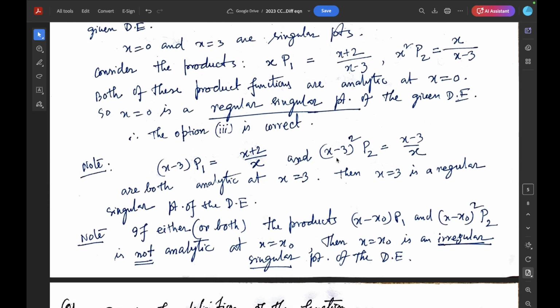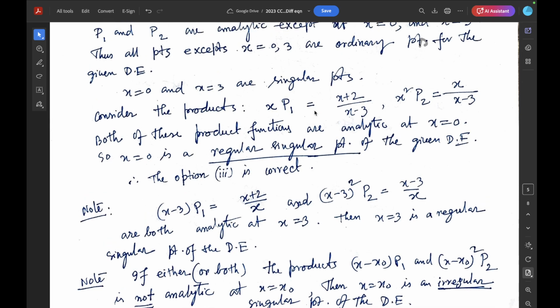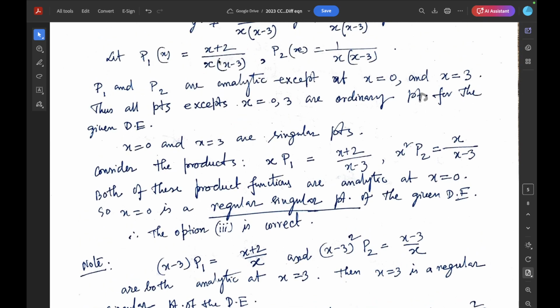Now to check whether it is a regular or irregular singular point, consider the product x p1, which is (x plus 2) by (x minus 3), and x square p2, which is x by (x minus 3).